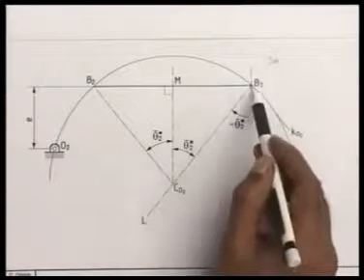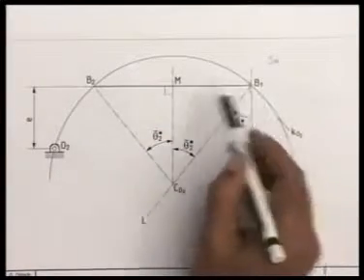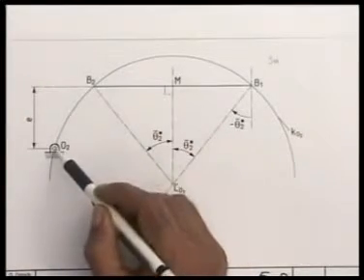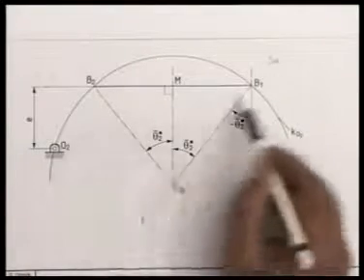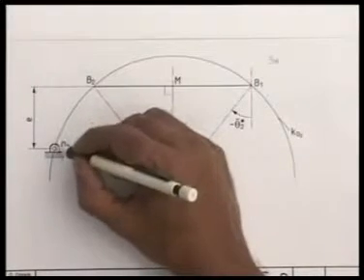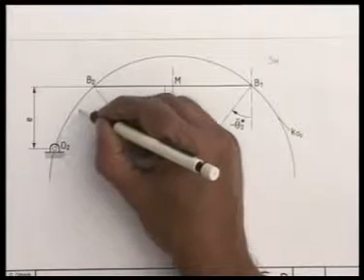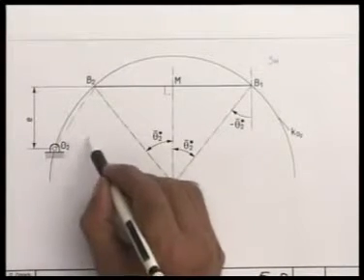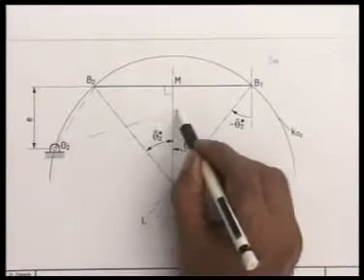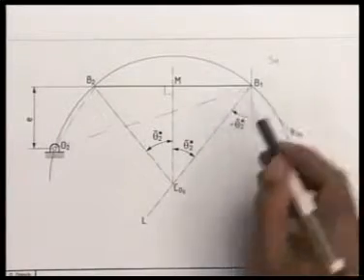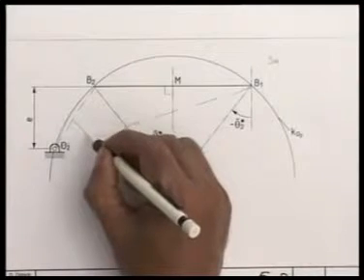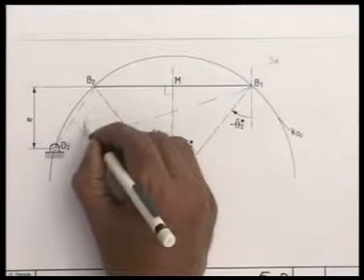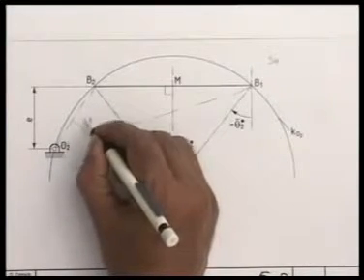So, our objective is to draw a circle passing through B1, B2 and O2 such that at O2 we get a circumferential angle, that is this angle B1 O2 B2, which should be theta 2 star bar.